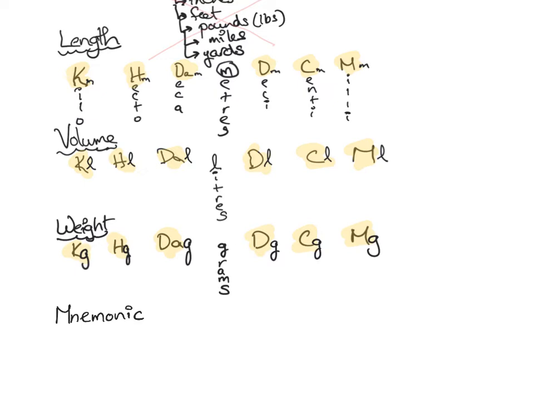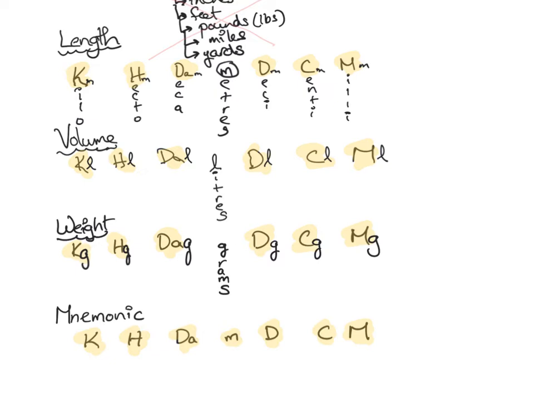So if we know that we have K, H, D, A, and we're going to use meters for this just because it's the one that's most used and it helps. D, C, M. And we've used these same letters for all of the metric measurement.